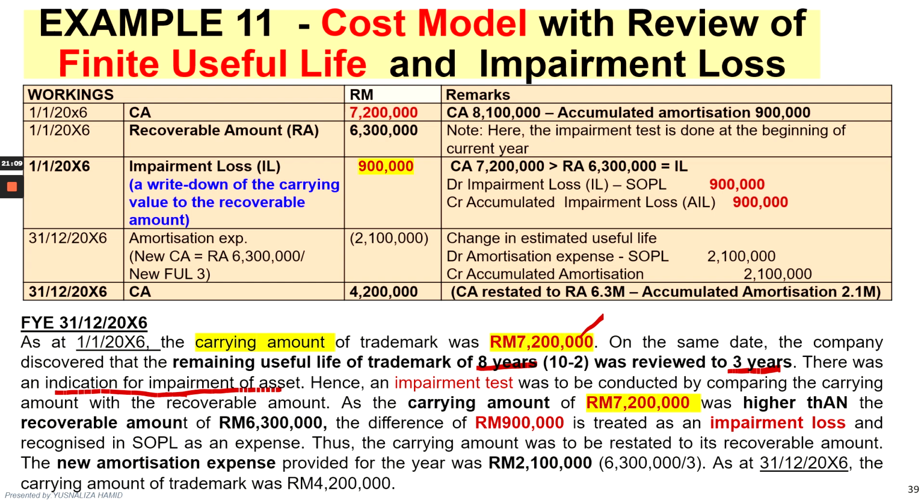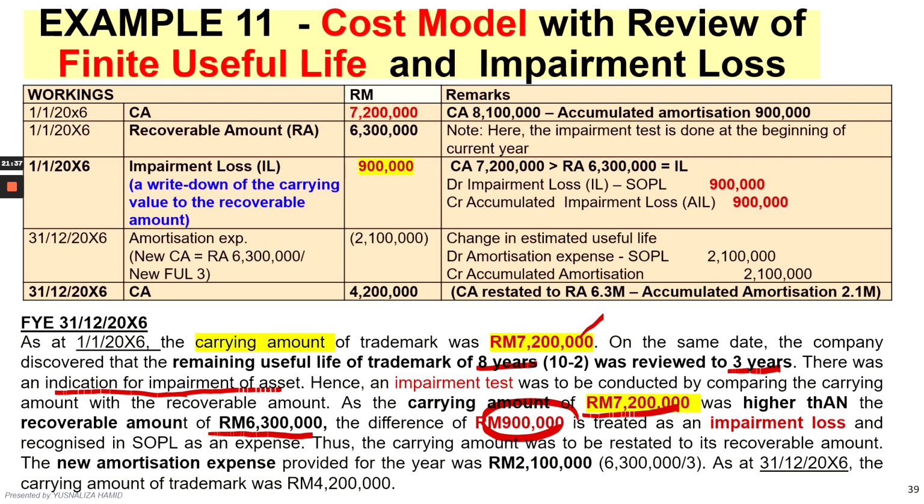And the impairment test has been conducted, proving that the carrying amount is higher than the recoverable amount of 6.3, and the difference of 900,000 will be treated as impairment loss. You need to mention all this, and at the end of the year, the carrying amount was restated to its recoverable amount.